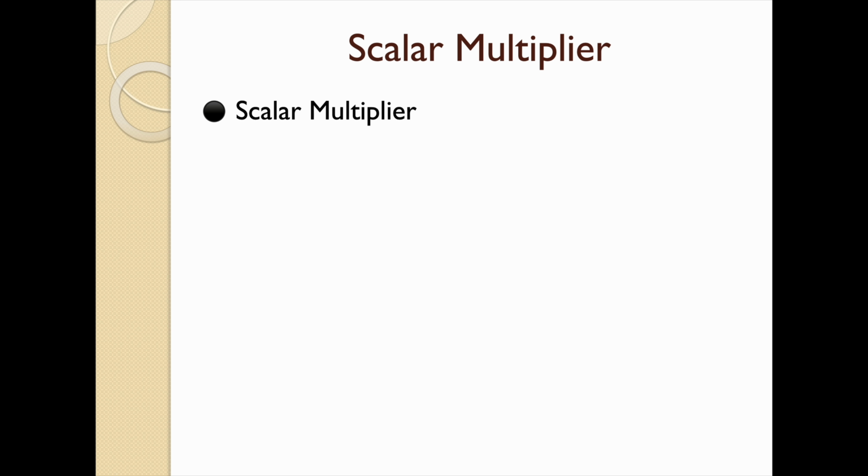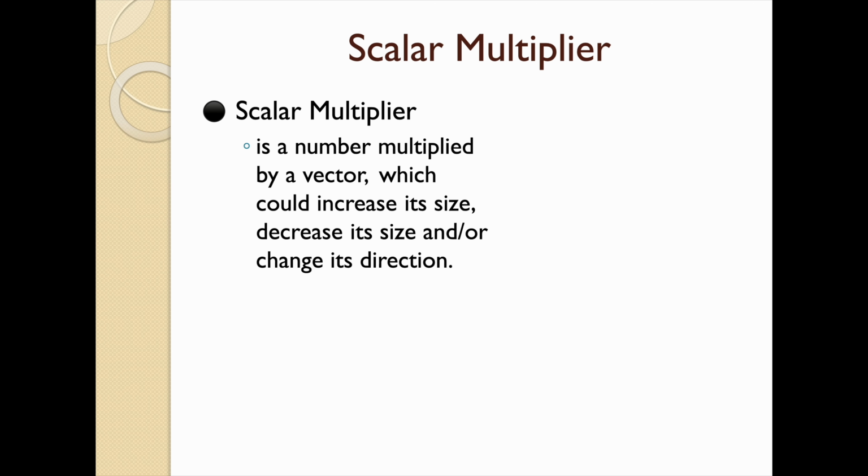So another very important thing that allows us to measure whether something has a geometric relationship to another vector is a scalar multiplier. Now the scalar multiplier is very important. It's basically the number that when multiplied to a vector can either increase the size, decrease the size, or change its direction.